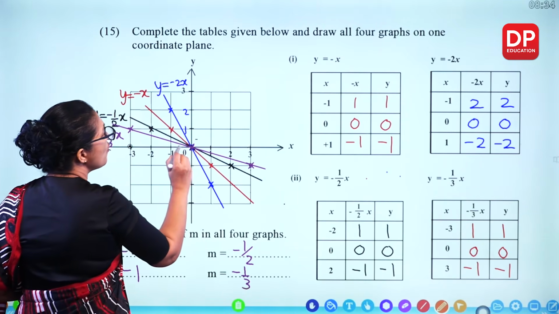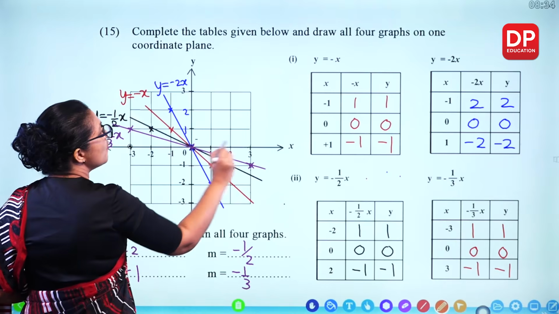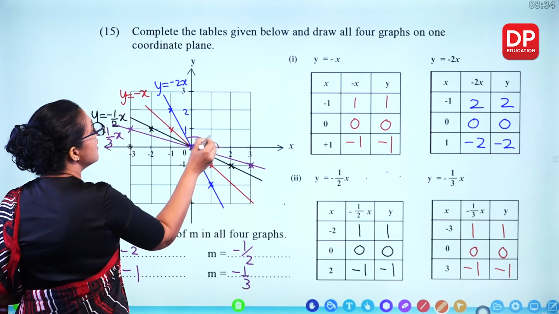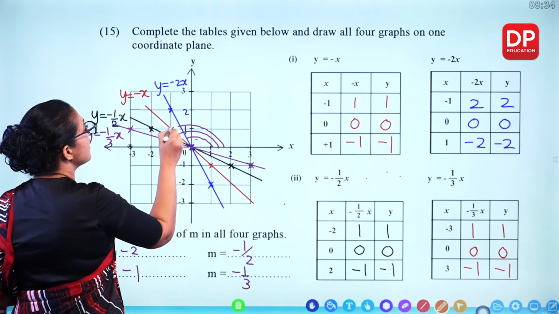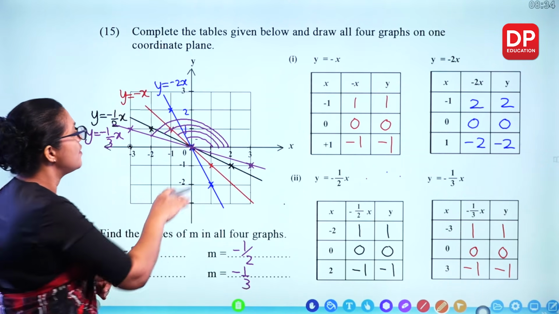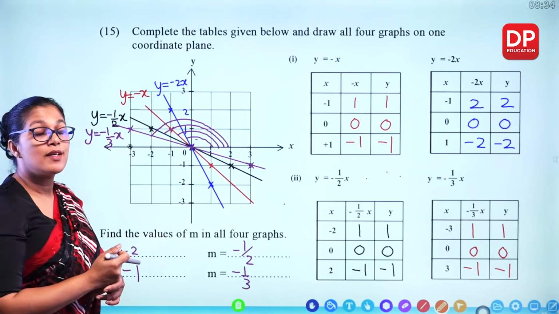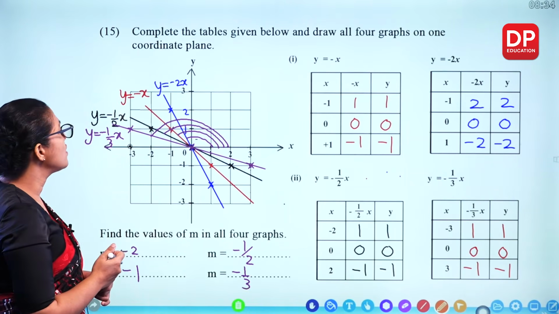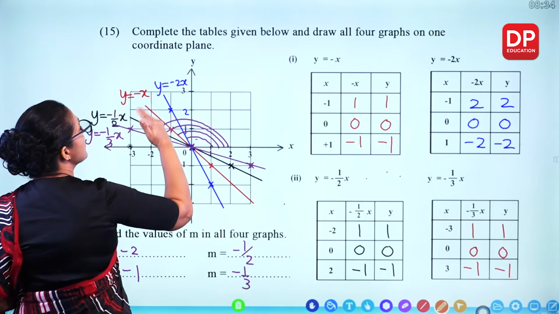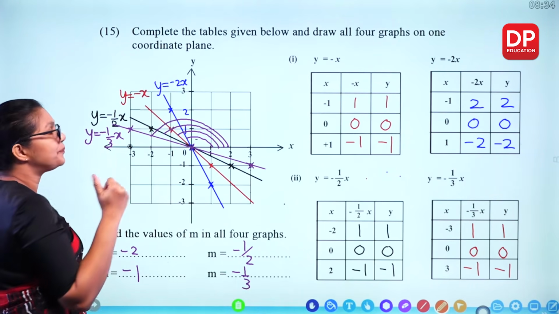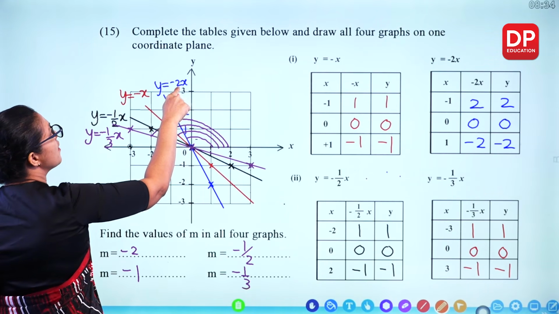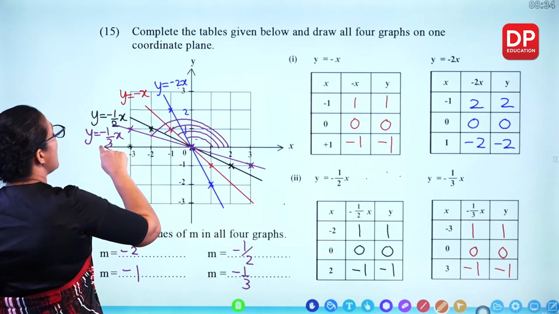So what about the angle with the x-axis? You get here an obtuse angle. Look at all four graphs. With the positive x-axis, you get an obtuse angle. Also, without looking at the negative sign, 2 is the largest gradient, then 1, half, and 1/3.